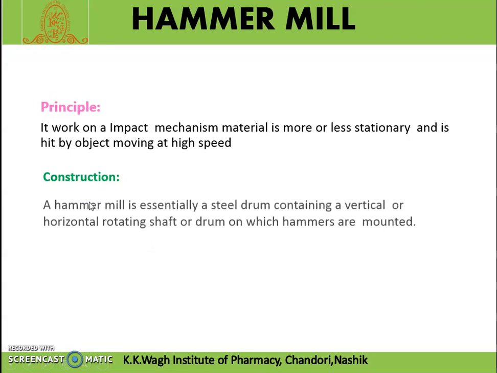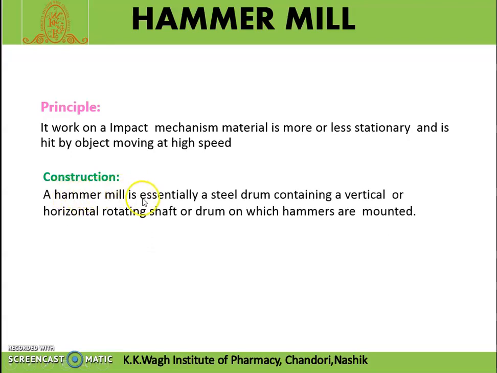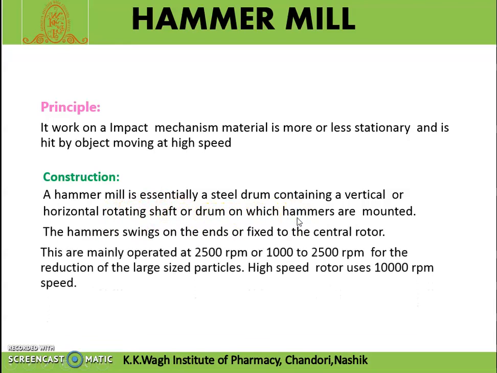Construction of the hammer mill: a hammer mill is essentially a steel drum containing a vertical or horizontal rotating shaft or a drum on which the hammers are mounted. The hammers swing on the end or are fixed to the central rotor.